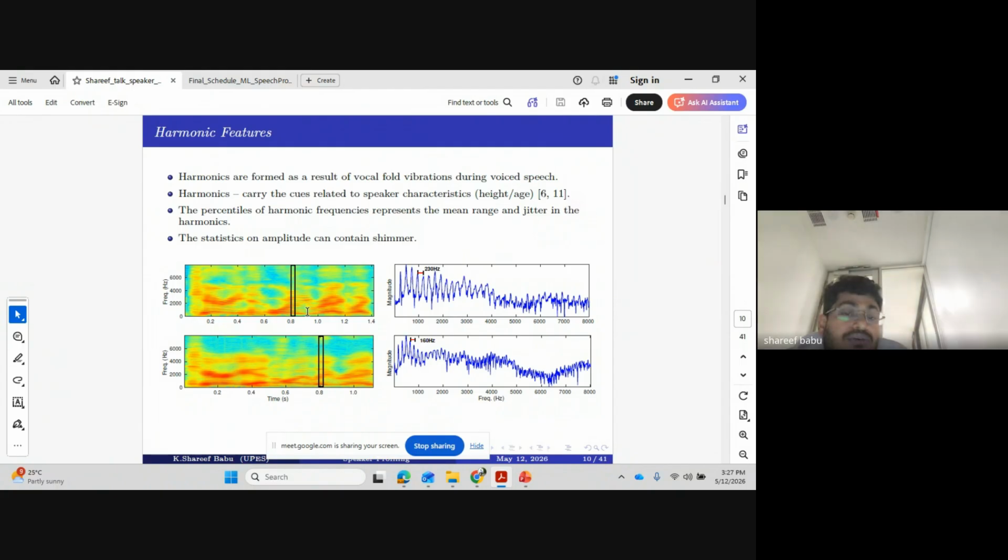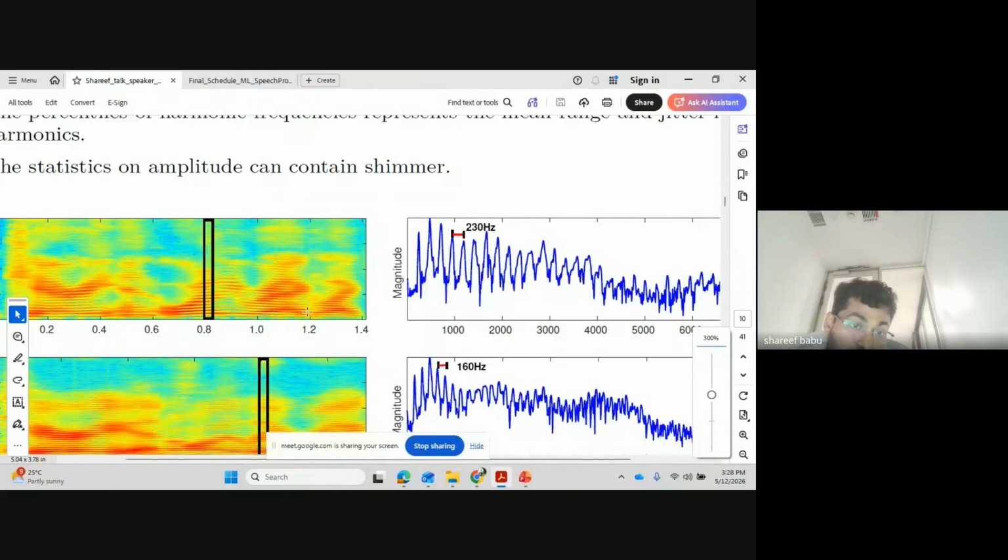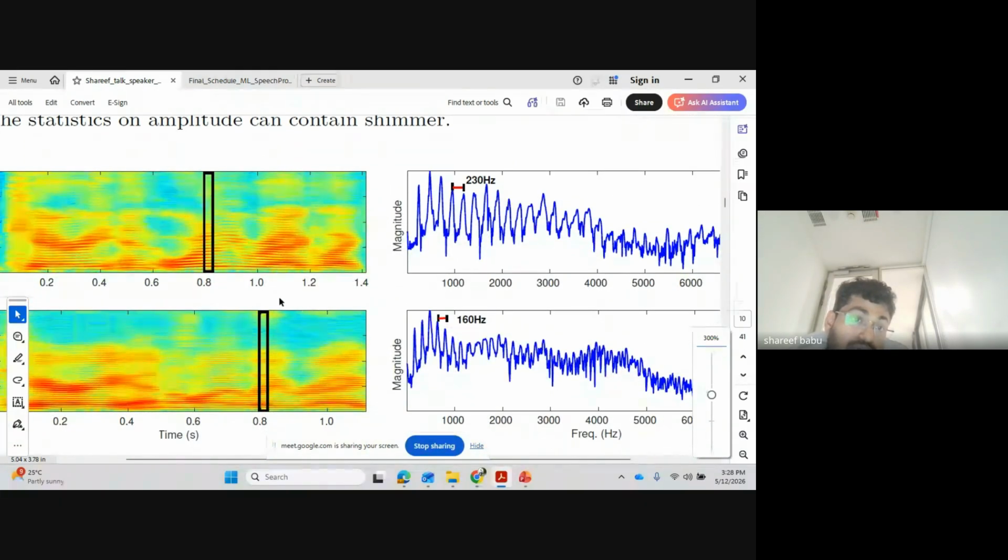Otherwise, if you look at the spectrogram level, I have zoomed it here. The spacing between these two is the equivalent representation of what I have shown as a spectrum. These spacings are wider for a shorter speaker and thinner for the taller speaker.